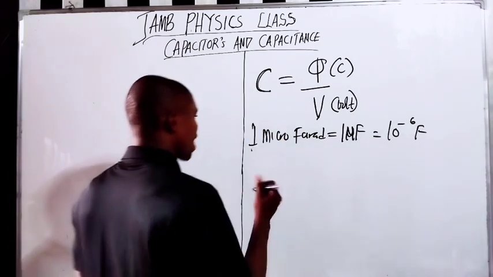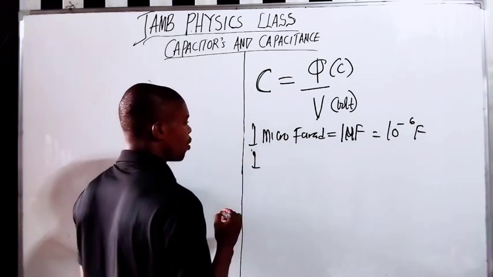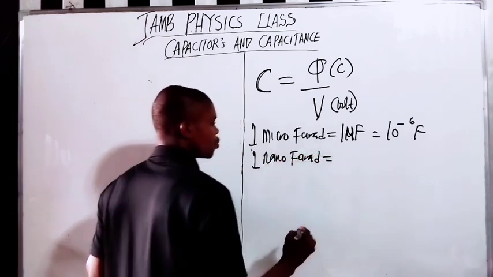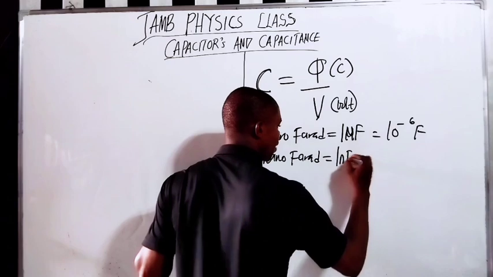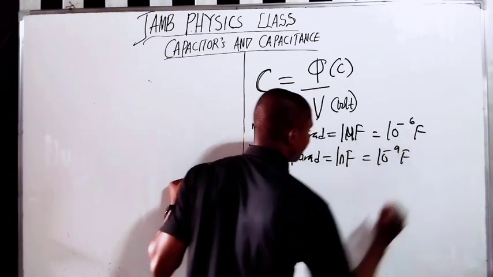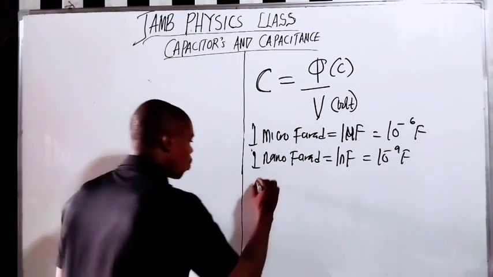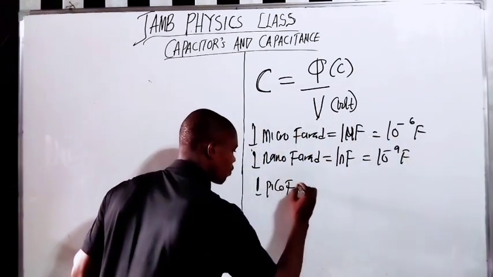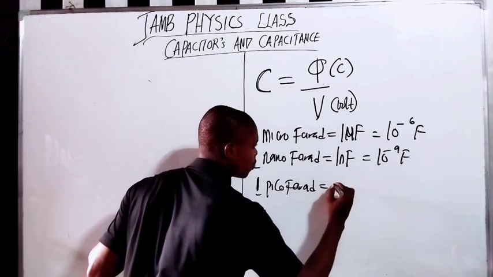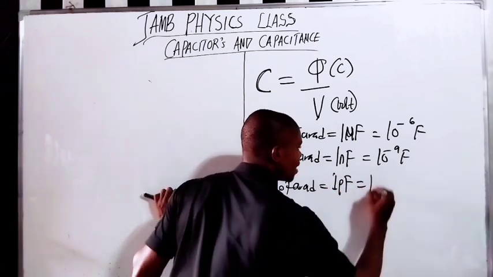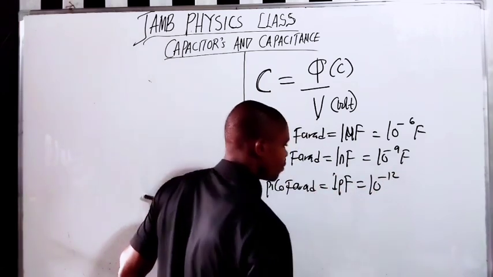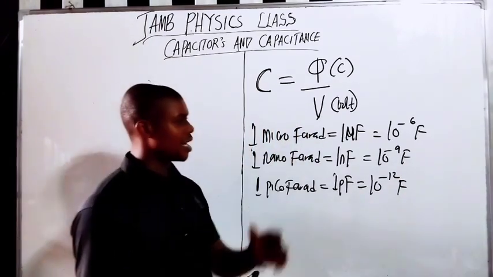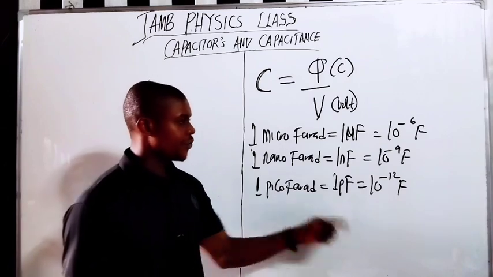Do you understand? We also have 1 nanofarad, which is 10⁻⁹ farad. We also have 1 picofarad, which is 10⁻¹² farad. These are things you need to take note of. You have to take it down.